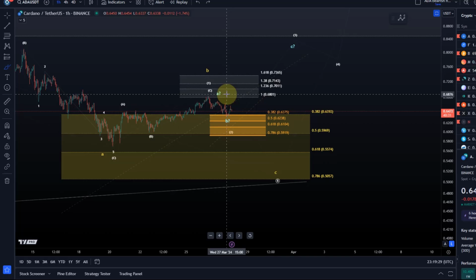That's for corrections and diagonals. That's why every chart that's not moving in an impulsive structure is potentially more difficult to trade, at least when we're dealing with the micro structures. They help us to understand which support levels we can use. Like here, for example, the orange zone, that's our micro support zone.